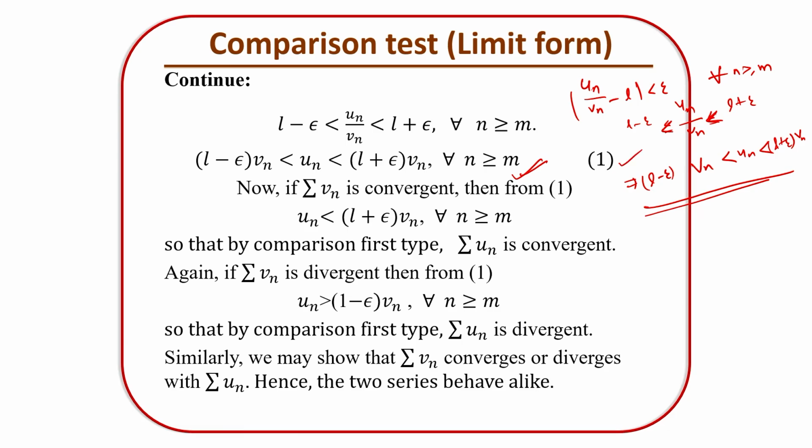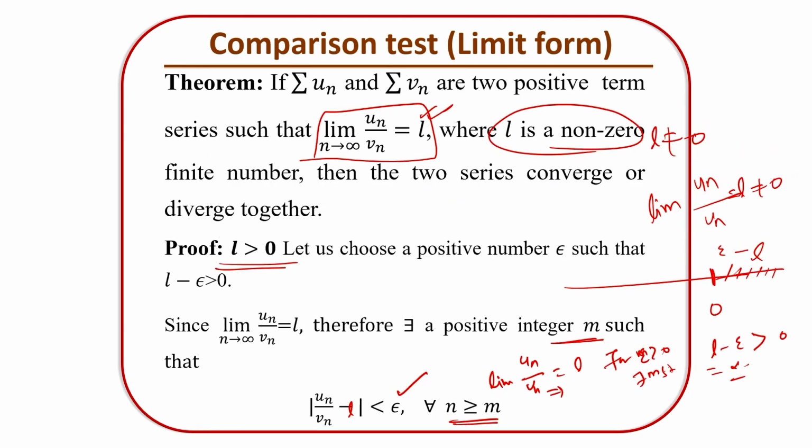Remember this inequality is quite important, that is why it is equation number 1. So case 1: let us suppose that series Vn is convergent. Once Vn is convergent, un is less than L plus epsilon into Vn. This is the same thing as k into Vn. So un is less than k into Vn, where k is a fixed non-zero number, since L is non-zero as already given.